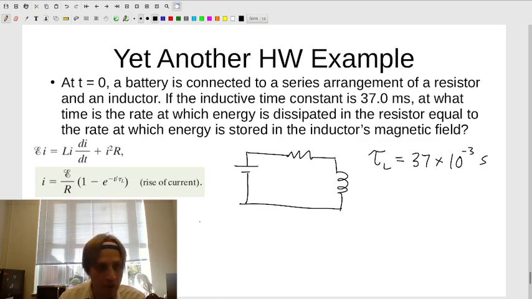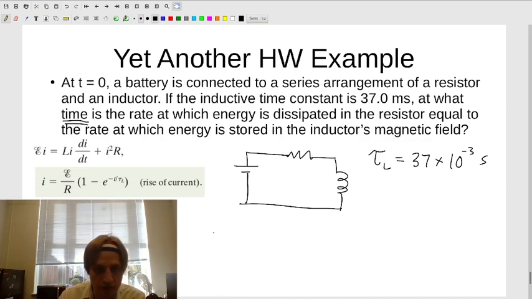All right? So in this case, essentially it's saying at what time, so you're going to be solving for t, is this term equal to that term?